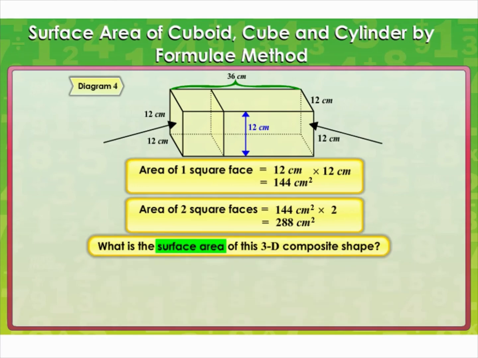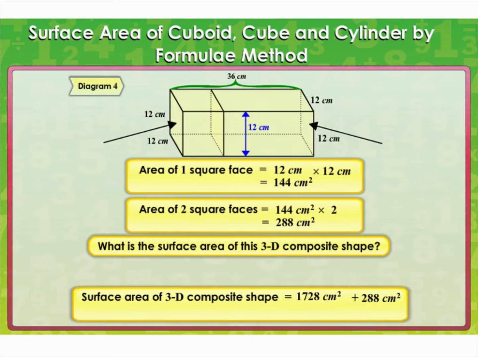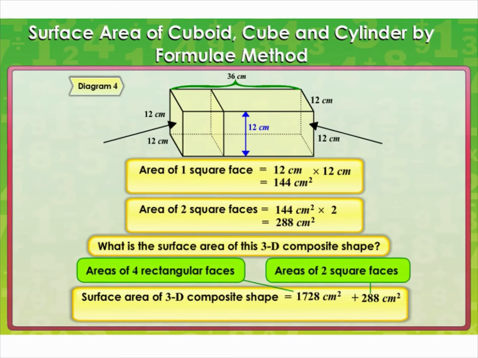What is the surface area of this 3D composite shape? The surface area of this 3D composite shape equals the total of the areas of 4 rectangular faces plus the area of the 2 square faces.